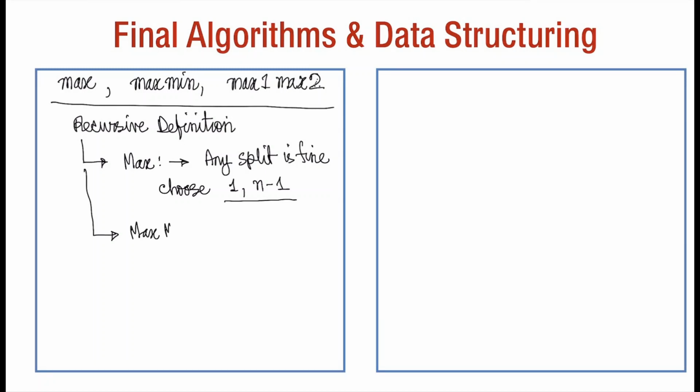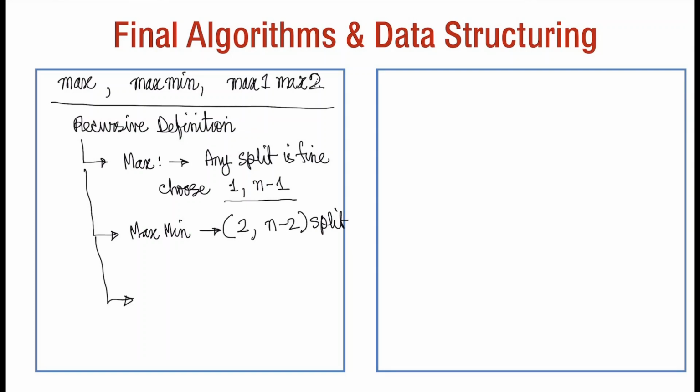For max min, we found a 2 n minus 2 split. And this gives us the optimal 3n by 2 minus 2.